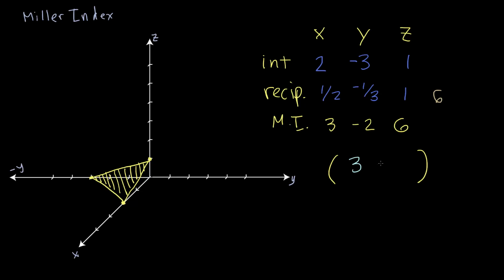So we have 3, 2, and 6. The convention for handling minus signs is to put a bar over the 2. So we would call this plane the 3, 2 bar, 6 plane in parentheses.